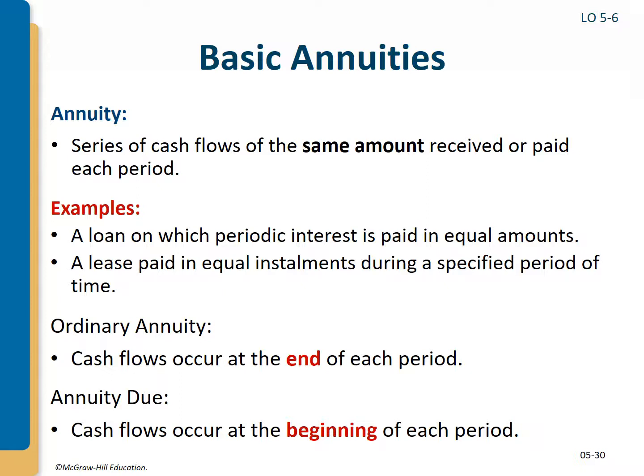So if you are to receive payments every 6 months, if you receive the payment at the beginning of every 6 months, so you actually get a payment at time zero, because that's the beginning of the first 6 months, that's an annuity due. If the payments start at the end of the first 6 months, that's an ordinary annuity. And I know that's confusing, and I'll try to point that out as we go through here. That always hung me up when I was learning this.